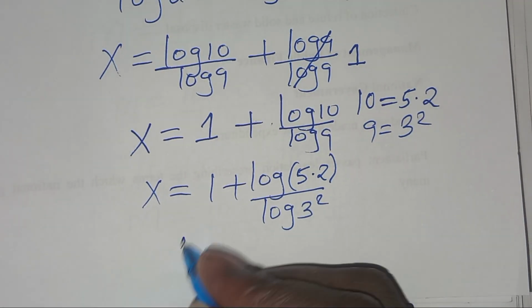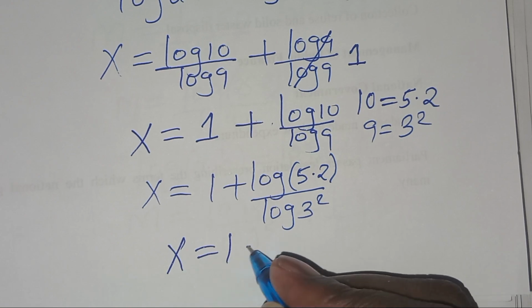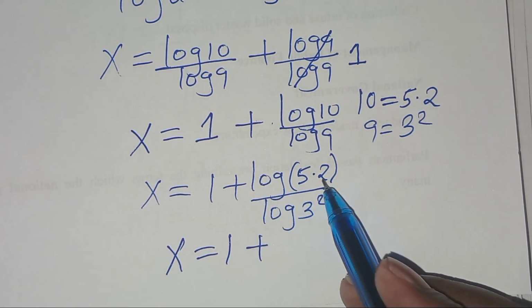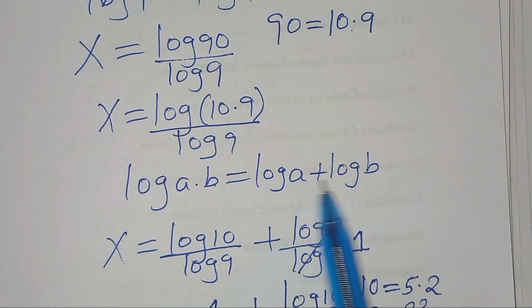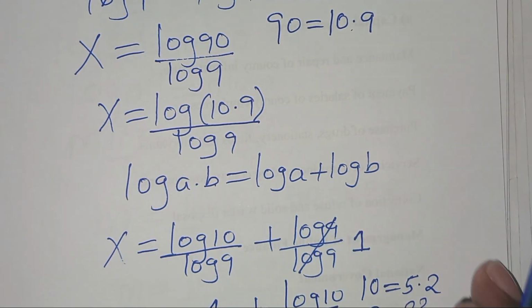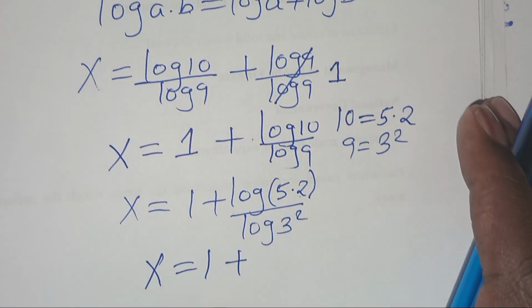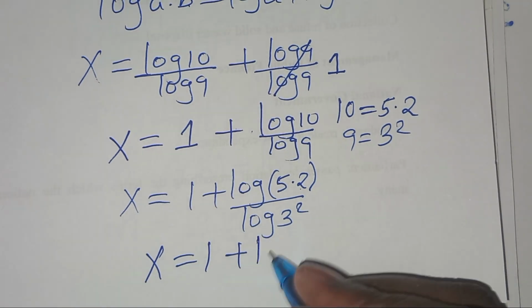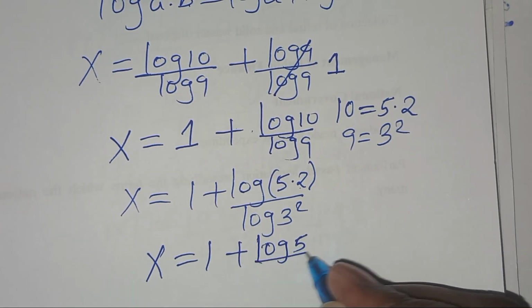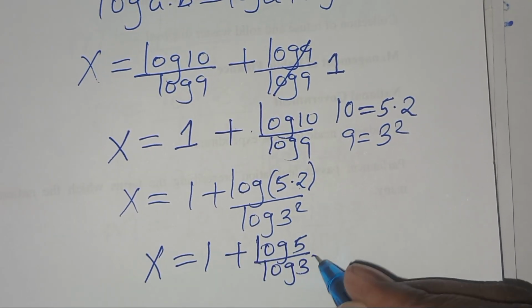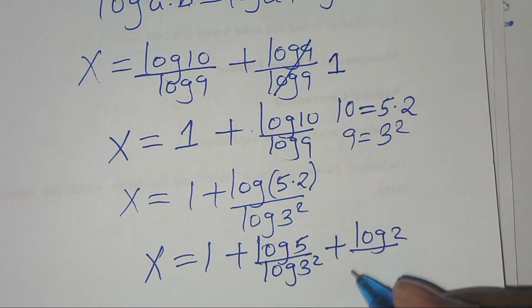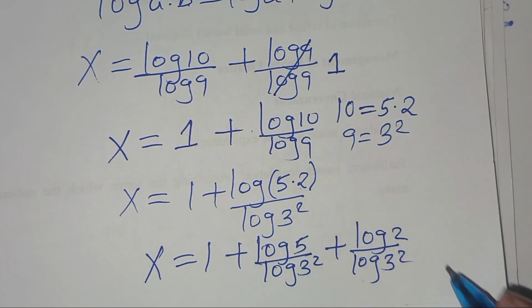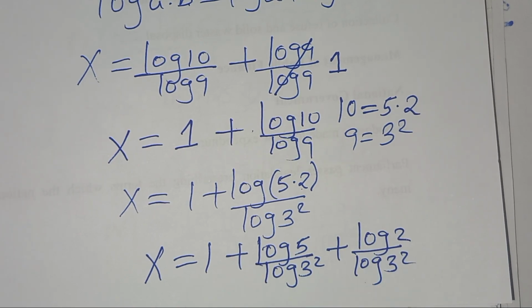Now this implies that we have 1 plus, log 5 times 2, which is in the form of log a times b, which you can express as log a plus log b. So now we have log 5 divided by log 3 squared plus log 2 divided by log 3 squared.